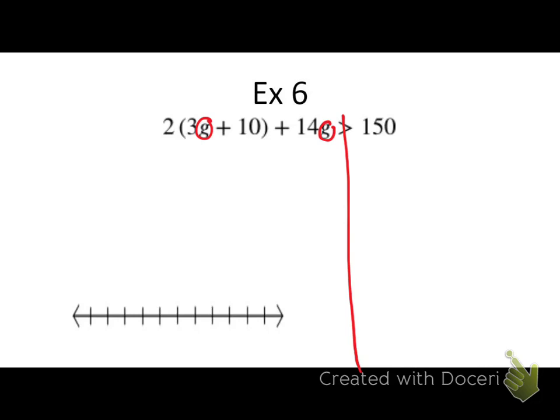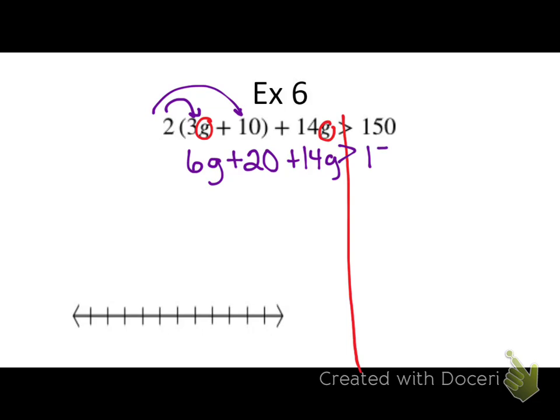Circle the variable, draw the inequality line. Distribute the 2 with 3g plus 10. You get 6g plus 20, plus 14g is greater than 150. Doing good so far.